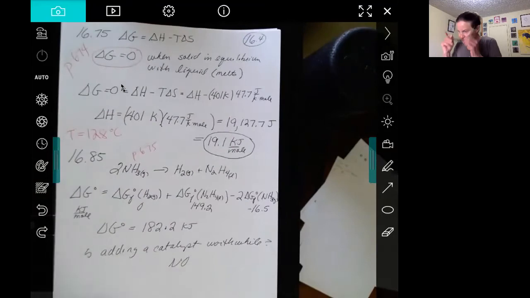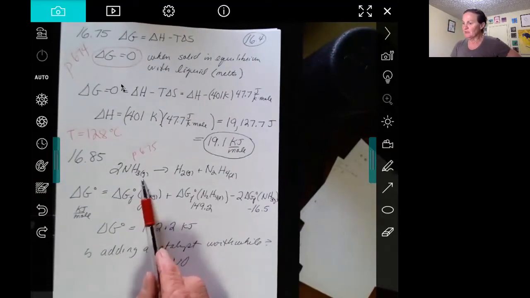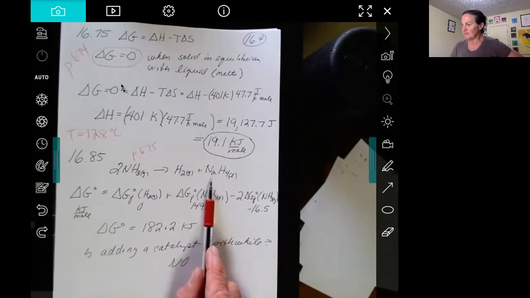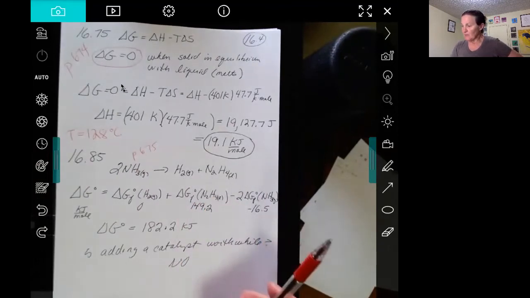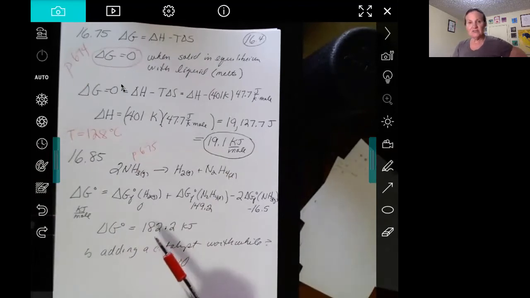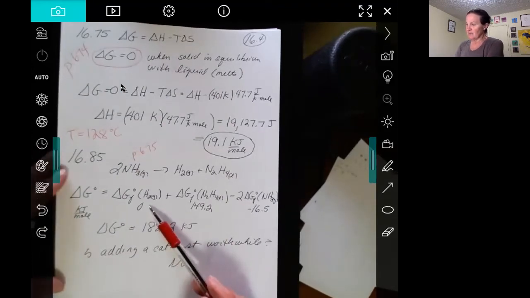It gives us the reaction. 2 ammonia gas molecules form hydrogen gas and hydrazine liquid. They want us to calculate delta G naught, so delta G when the system has 1 atmosphere pressure for all those gases. So I look in the back of the book. The delta G of formation of hydrogen gas is 0.